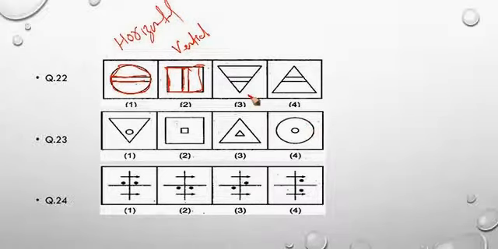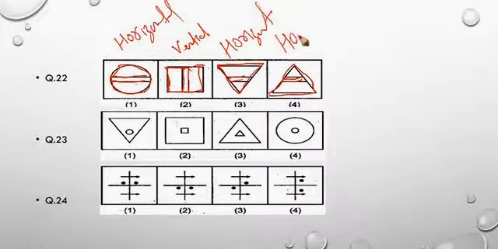Let's check the design in case of problem figure 3. The outer shape is a triangle inside which there are 2 lines which are horizontal. Let's check the problem figure 4 design. The outer design is a triangle inside which there are 2 lines drawn which are horizontal and parallel.